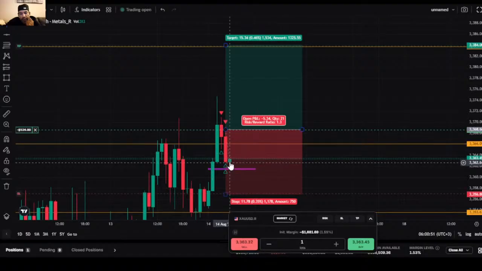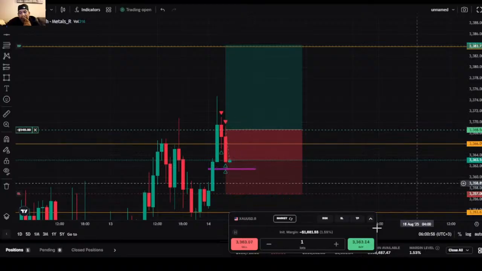If anything, this candle already made that bottom wick for this candle here. I want to see a little bit of a steeper wick and then the pop up.